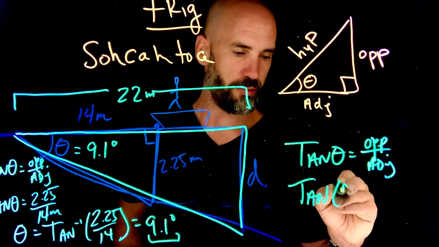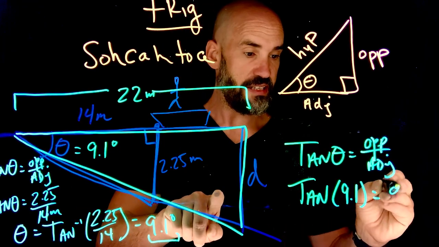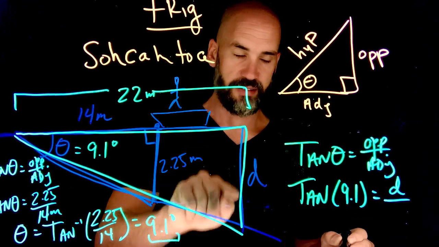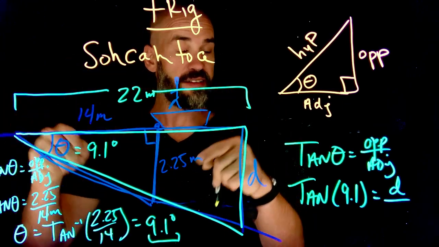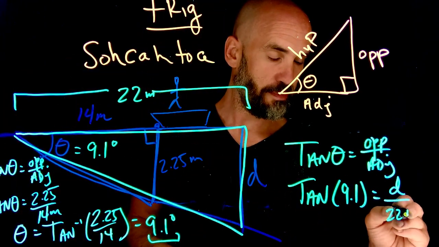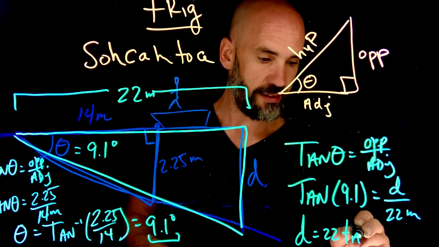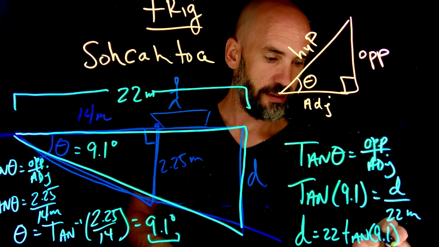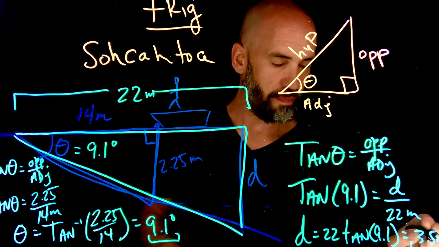The angle is 9.1 degrees, right? And I want to find my opposite, which is d, the depth at this distance, and my adjacent, which is how far I'm out into the lake, is just going to be 22 meters. So in other words, d is equal to 22 tan of 9.1, which equals, I get 3.5 meters.